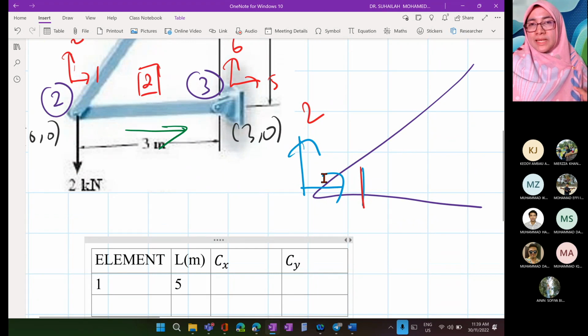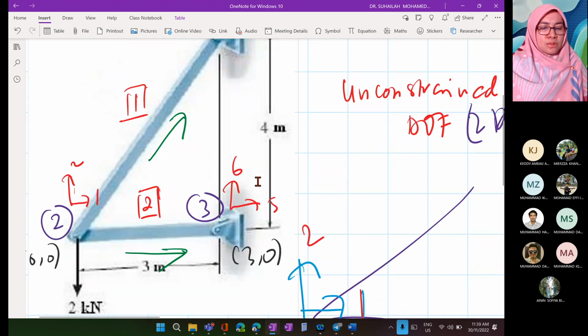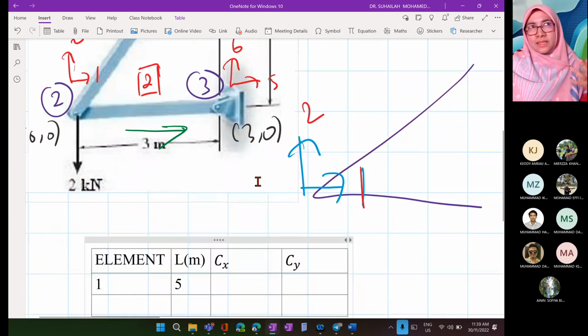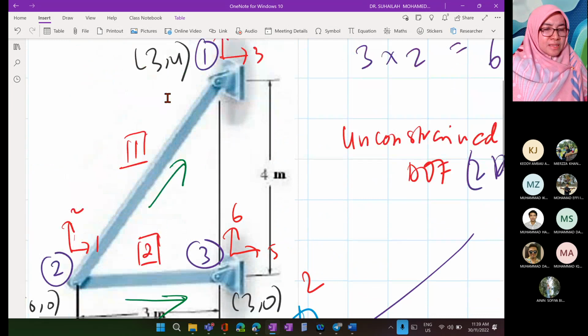If we want to calculate Cx, please look at the x coordinate. When we want to calculate Cy, please look at the y coordinate. So it is far x minus near x.